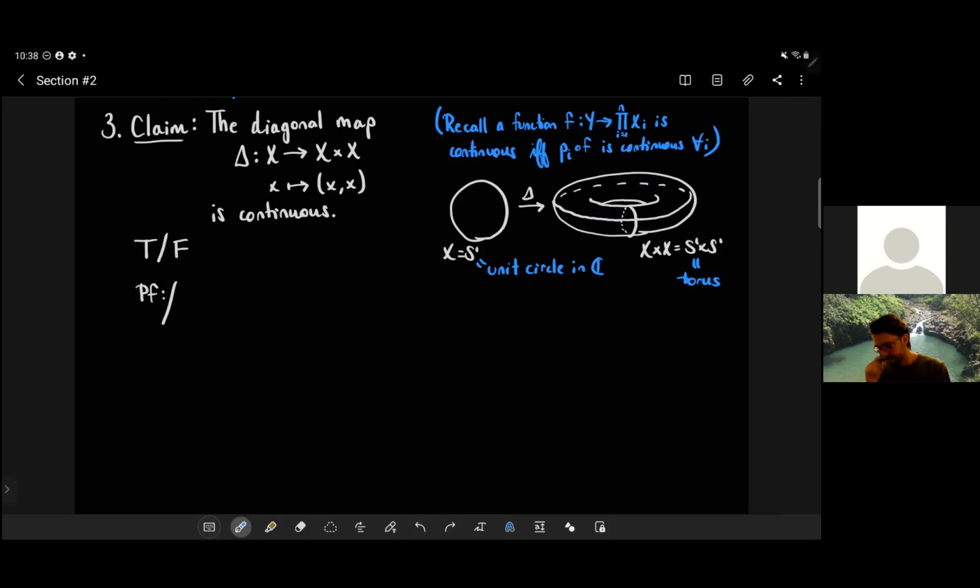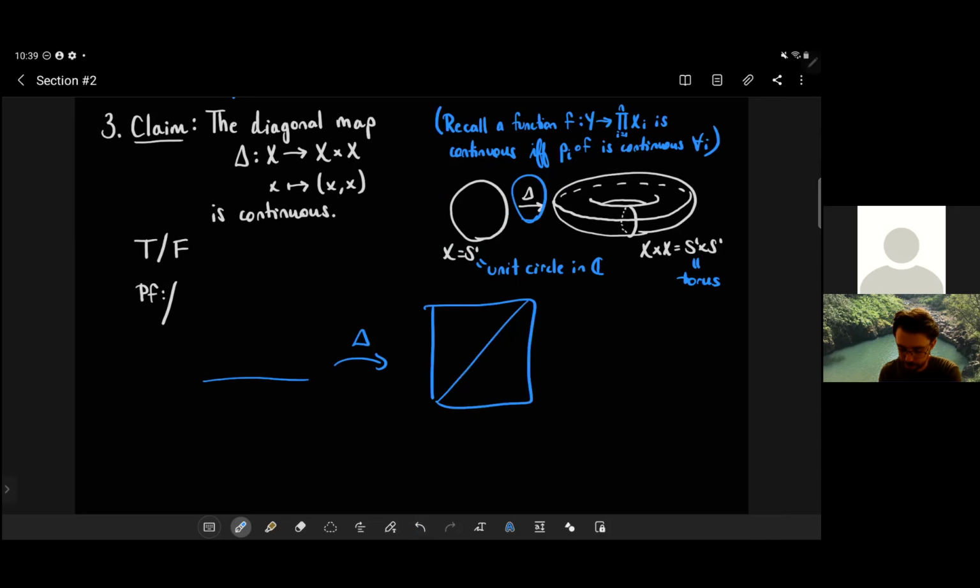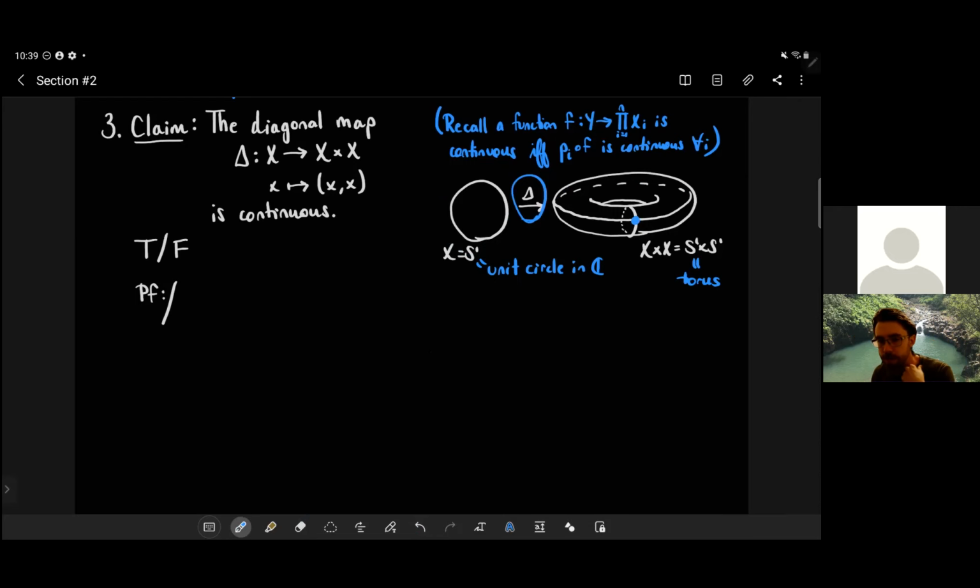So anyway, that's a product space. So you might think, what does the diagonal map look like? Right? So I start with a circle. I apply the diagonal map. What happens to that circle? We just saw that if I'm going from a line to a square, then the diagonal map is a diagonal line. What about here? Well, let's say this is the origin. Why not set it anywhere you want, really? And let's say this is my starting point on the circle.